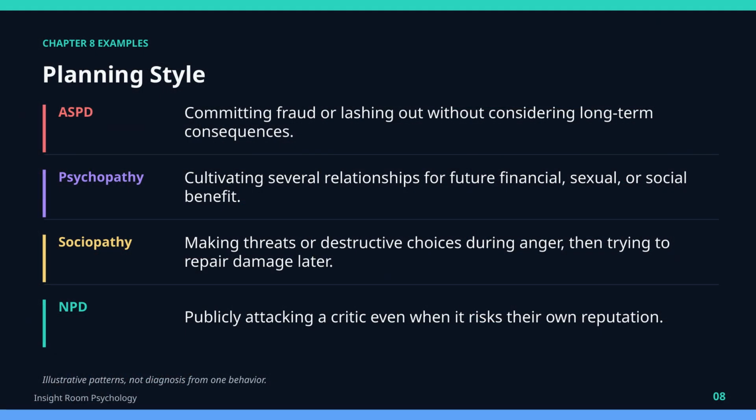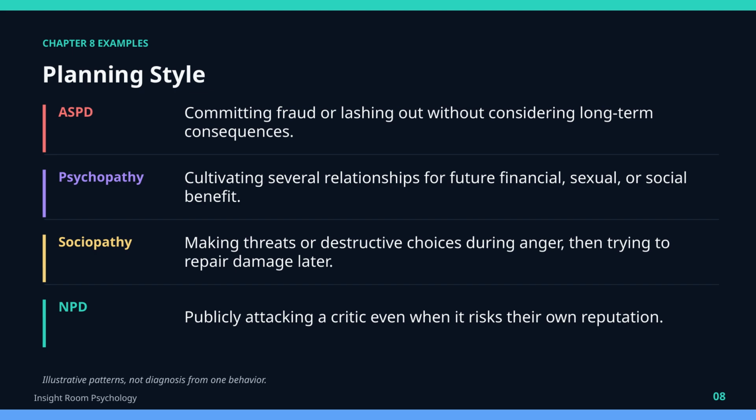With psychopathy, especially in classic descriptions, the planning style is often more calculated, strategic, and instrumental. A person may carefully cultivate several relationships for future financial, sexual, social, or occupational benefit. They may appear patient when patience serves the manipulation.